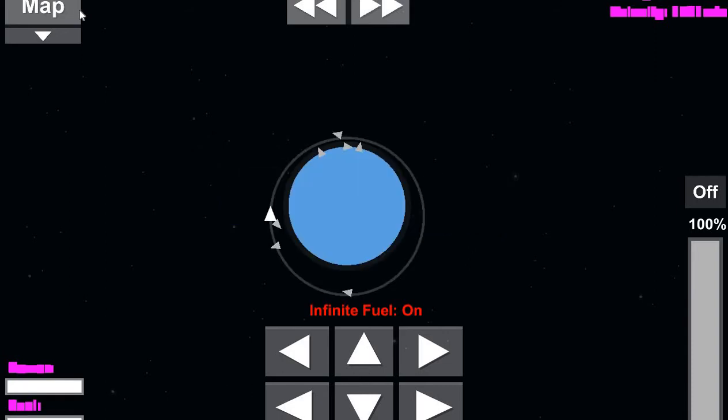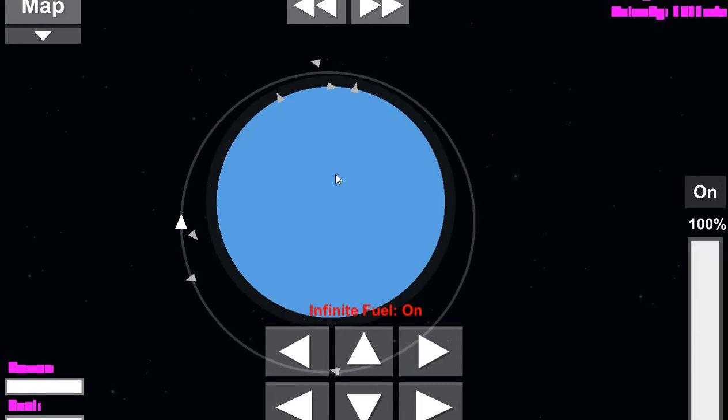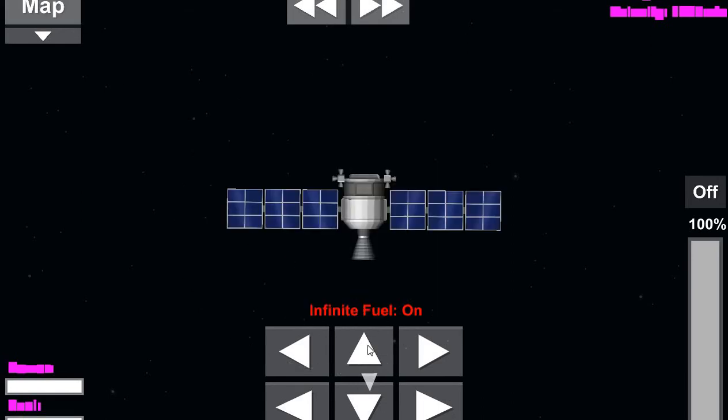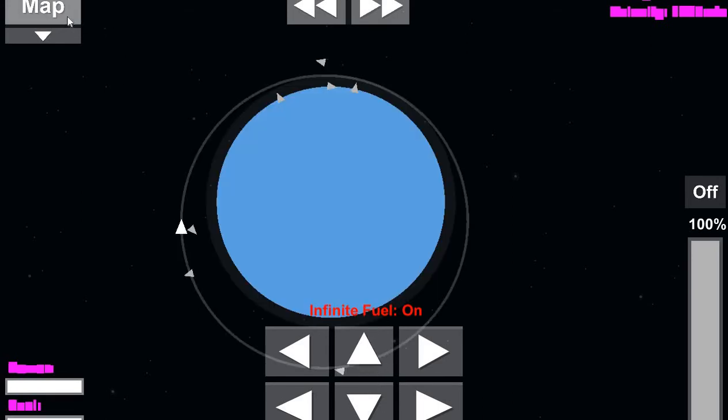So when you fire the engine while in retrograde position, look what happens. When we fire in retrograde position, our speed decreases because we are firing opposite to the direction of movement.